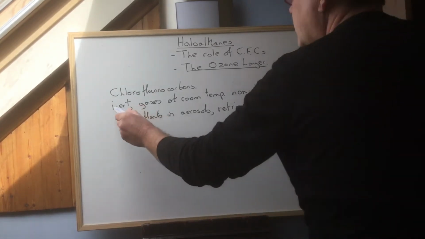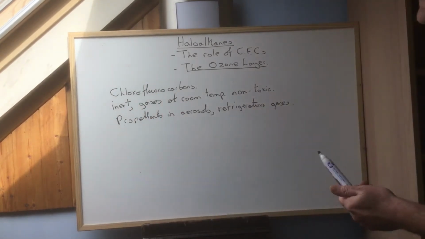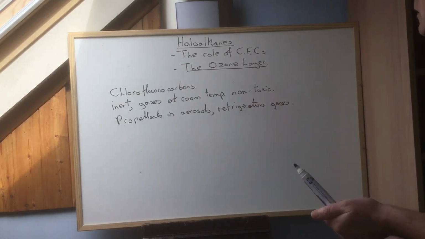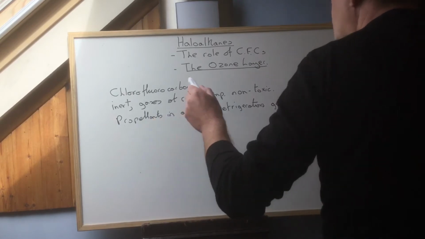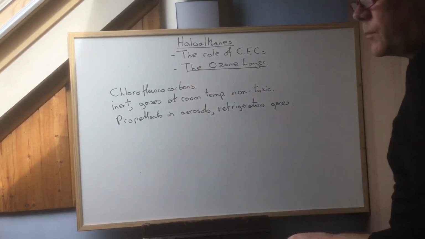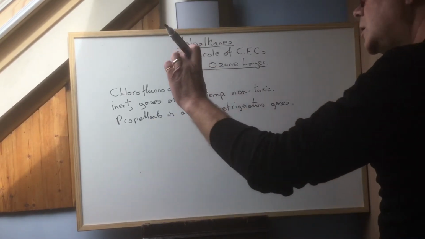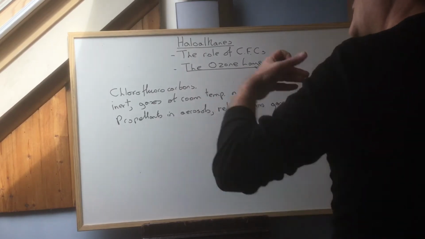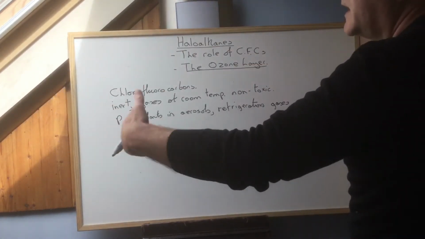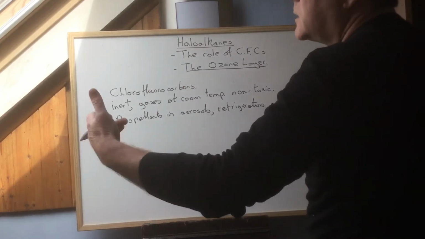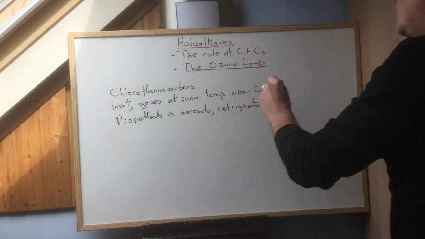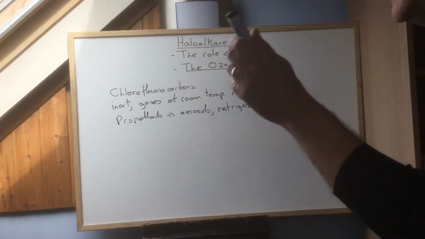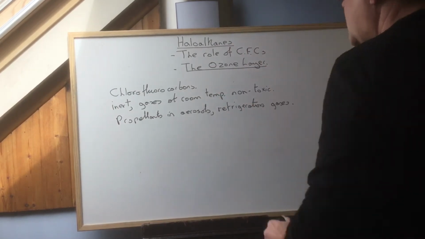Their inertness helps them a great deal with that. Also, because they are gases at room temperature, they can be compressed. You press the top of the can, out they come. They're released. They vaporize in atmospheric pressure, an important quality. And of course, they're non-toxic. So those three things allow them to be used as propellants.